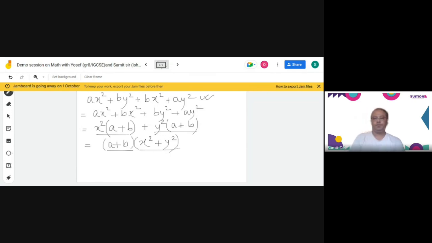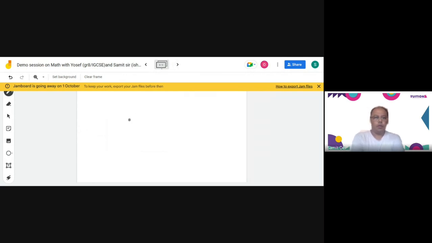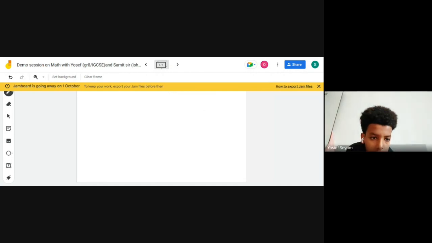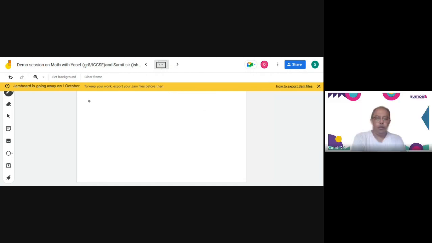Now the next part of the factorization chapter is, do you know certain identities of algebra? They are called identities, a plus b whole square and a minus b whole square. Okay. So let me write the first identity as a plus b whole square.